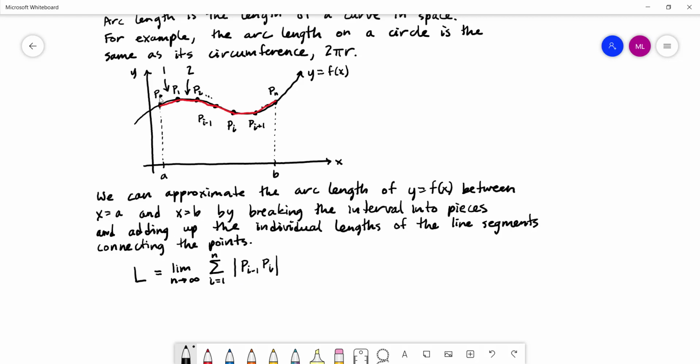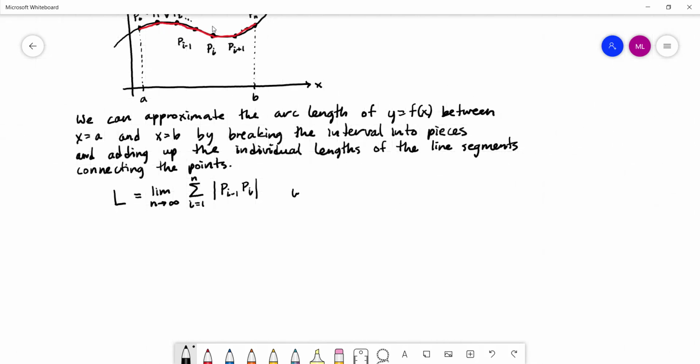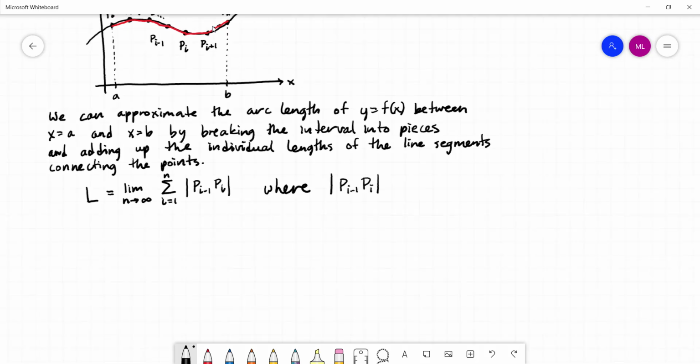So it'll be the distance between p0 and p1. So let me just write that down, where this notation is meant to indicate a length. So p_{i-1} p_i, in these vertical lines that look like absolute values. That's essentially what they are. They're magnitudes. It's a way of writing distance.